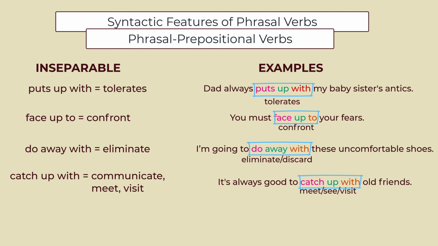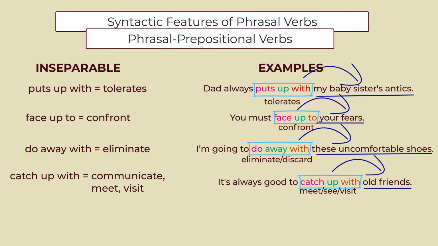These inseparable phrasal prepositional verbs have no direct object. However, you could argue that the object of the preposition is the semantic direct object of the phrasal prepositional verb, since this type of verb is acting as one semantic and syntactic unit.